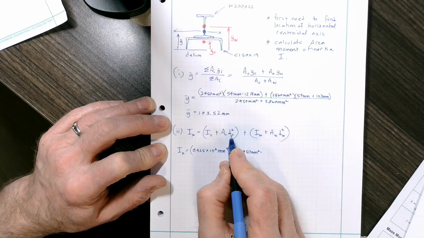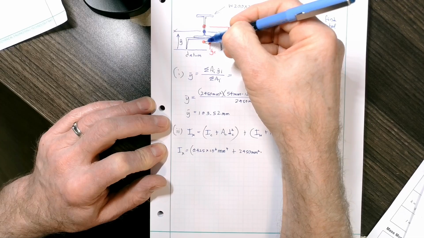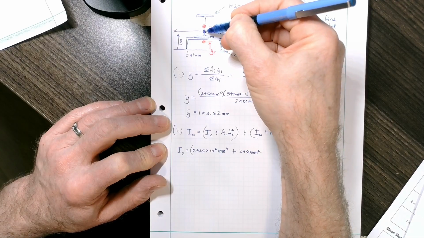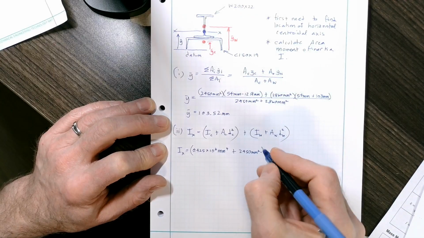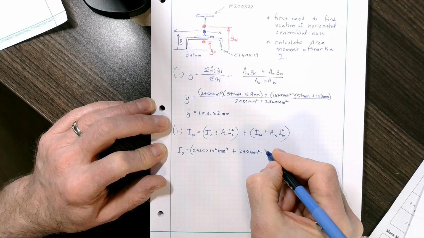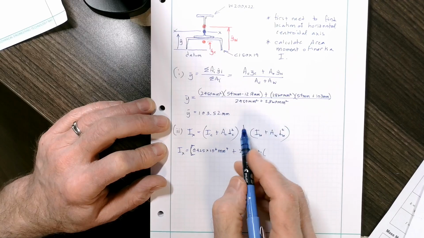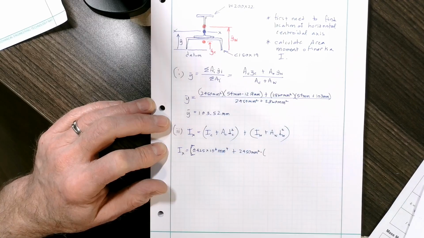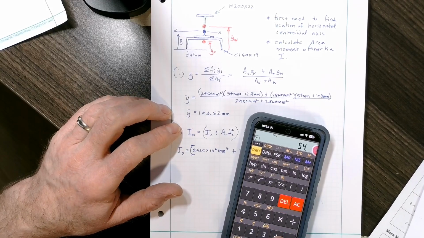So the distance here is the gap between the centroidal axis for the C channel alone and the centroidal axis for the whole composite shape, and that distance is, okay, I'll open a bracket here. That one should have been a square bracket. So it's 54 minus 12.9. I'll do that number right there. 54 minus 12.9 is 41.1.